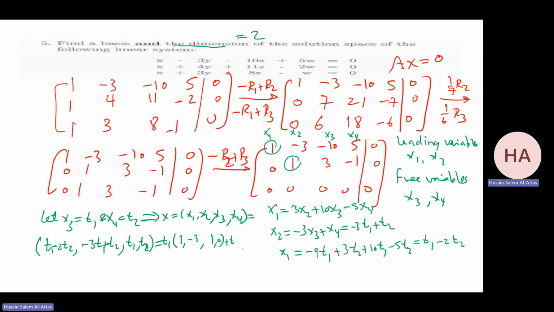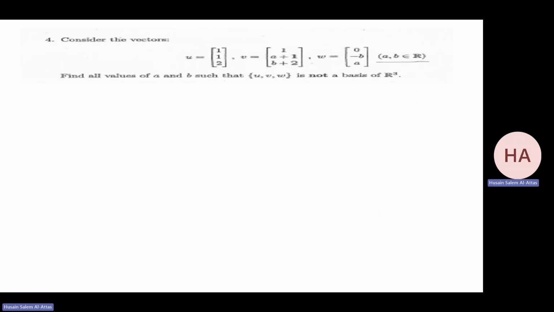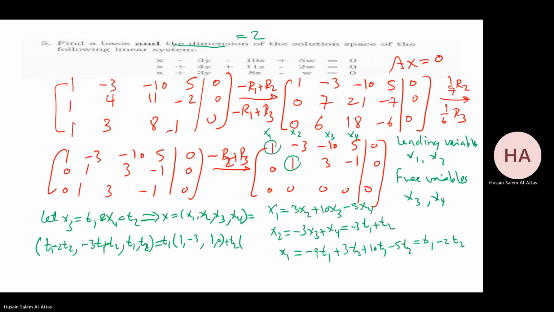Plus t2 times what? Minus 2, 1, 0, 1. This is v1, this is v2.